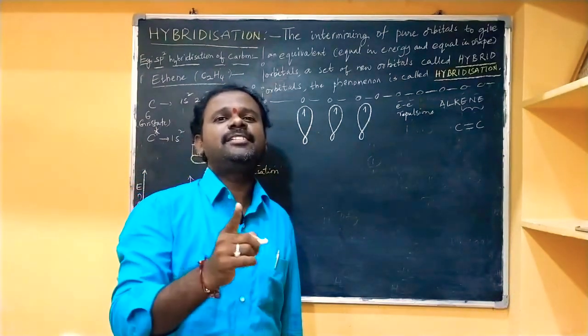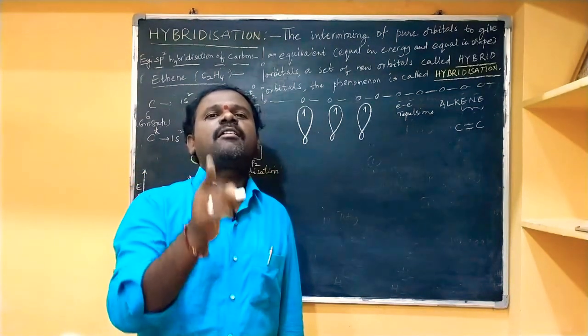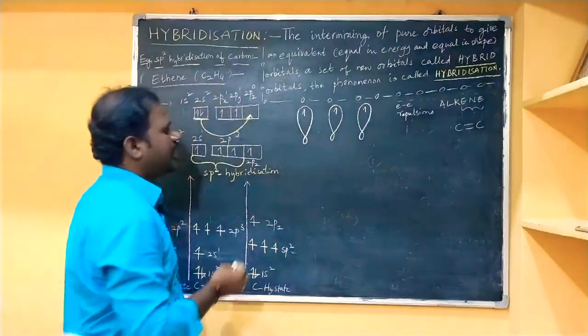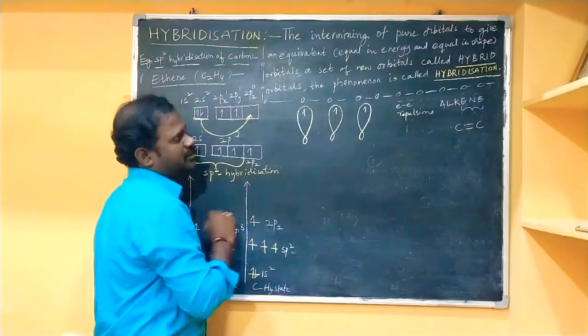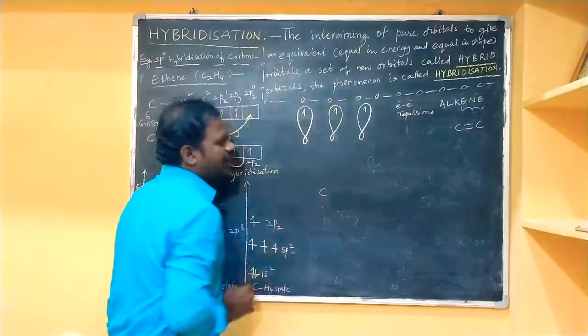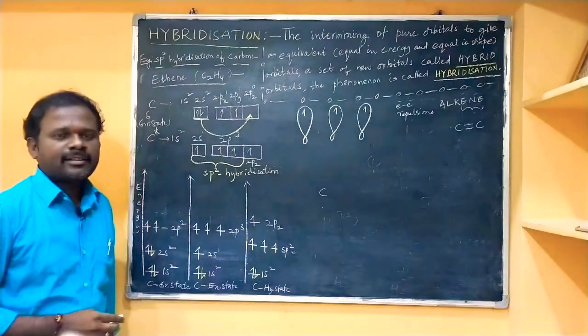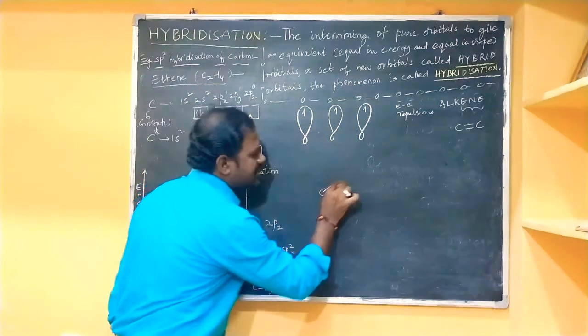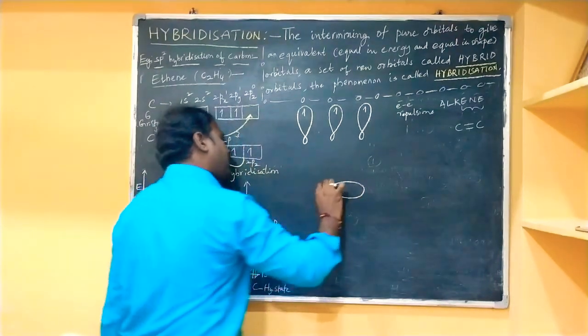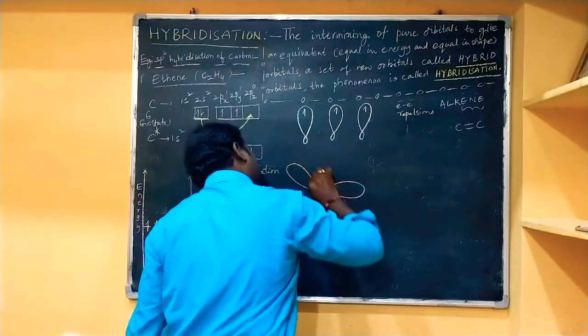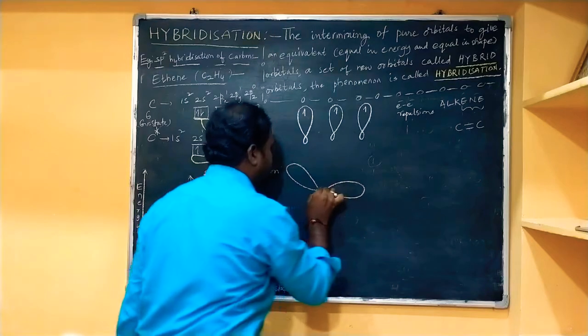They are arranged in a trigonal planar manner. So that's why here each carbon contains three hybridized orbitals which are arranged trigonal planar.